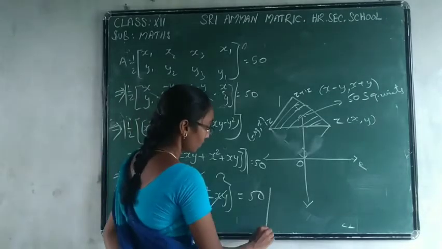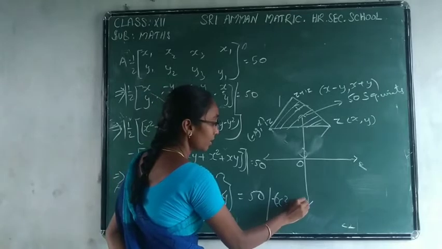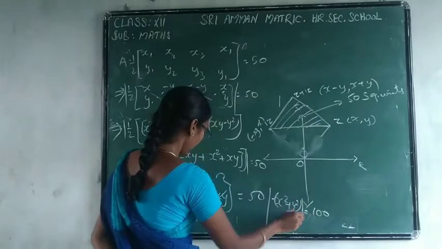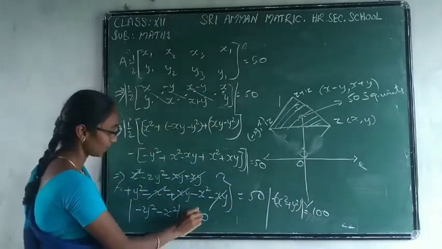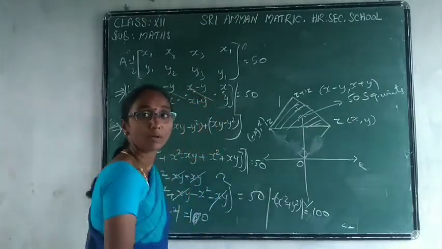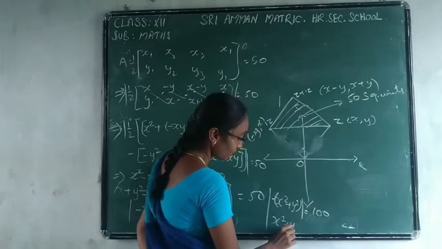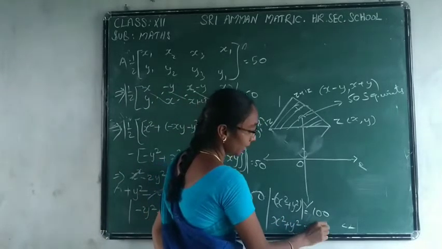So the modulus of minus (x squared plus y squared) equals 100. Whether the value inside the modulus is negative or positive, you get x squared plus y squared equal to 100.